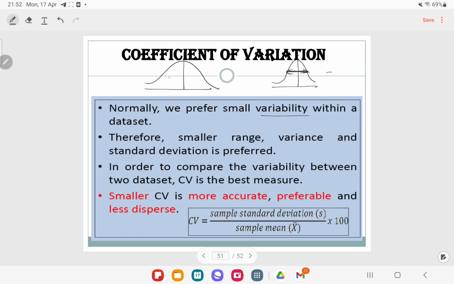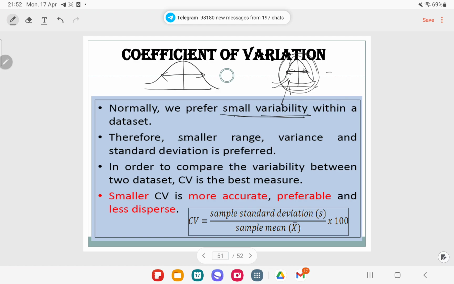Even though the mean, the centered value, is good, however the dispersion is quite wide compared to this distribution. It is stated that we prefer a small variability within a data set. The smaller the spread, meaning small variability from the centered value.